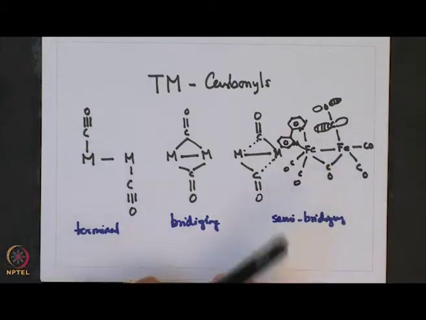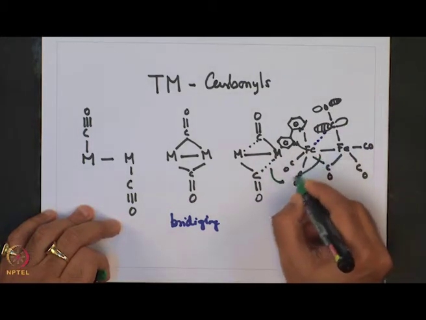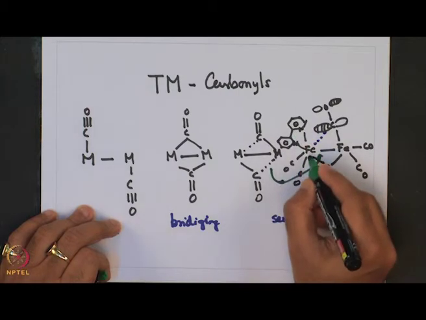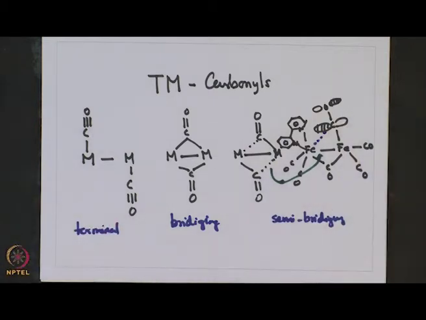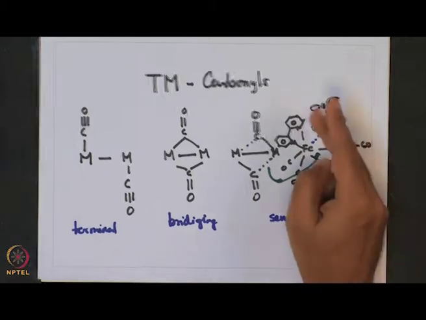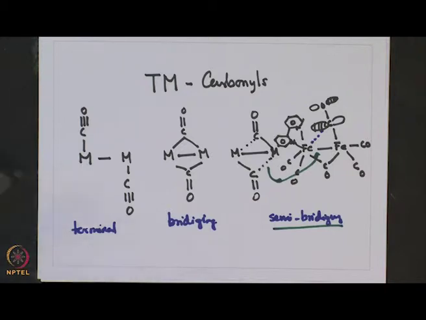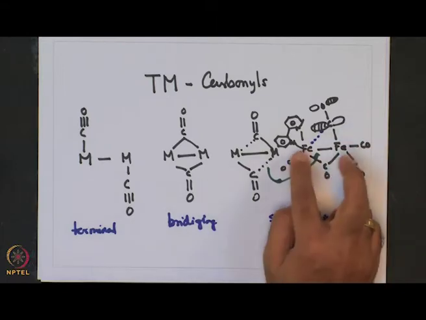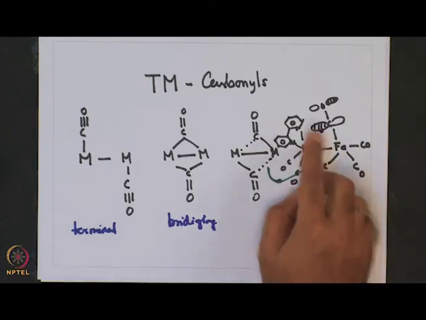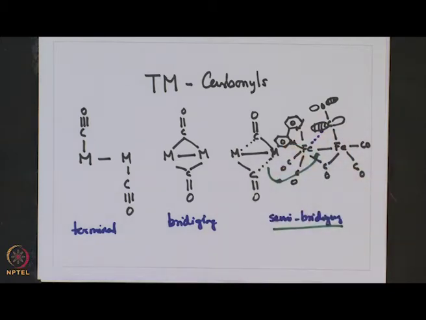It was found that the semi bridging interaction occurs when this bipyridine ligand, which makes the iron more electron rich, interacts with the pi star orbital of this carbon monoxide ligand, leading to the semi bridging bonding that we had seen. This semi bridging arises because of disproportionate electron density between the two iron centers, and that arises because of replacement of carbonyl by this strongly electron sigma donor bipyridine ligand.